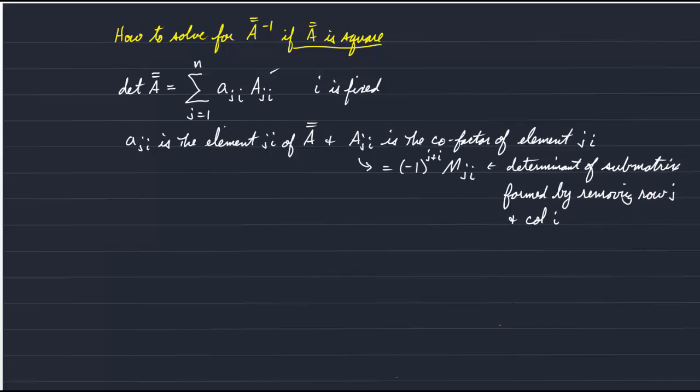So this is again the determinant of A. Now let's replace column i with another column.